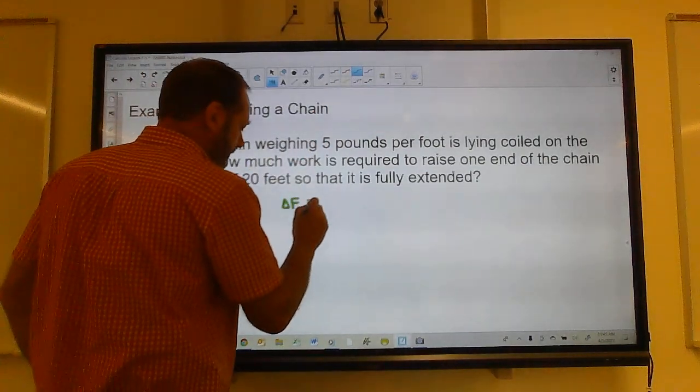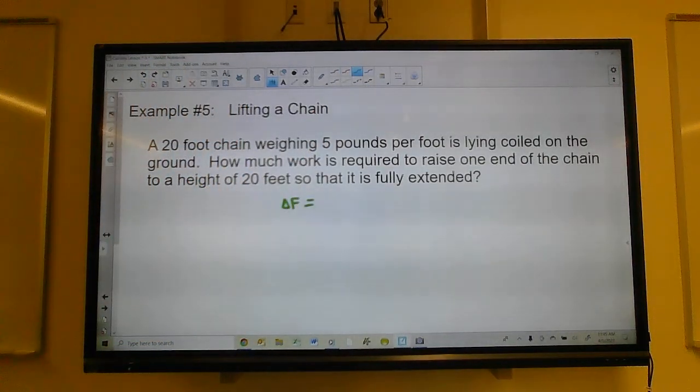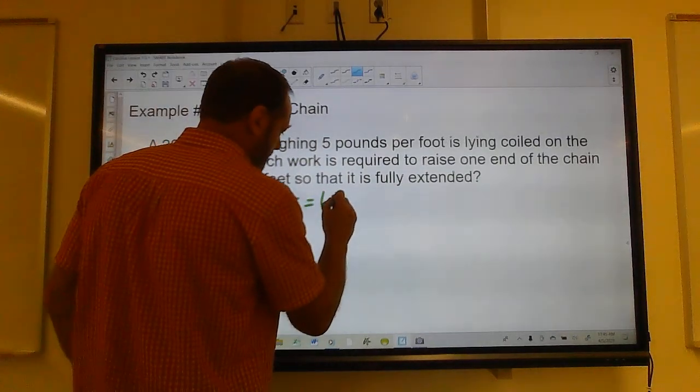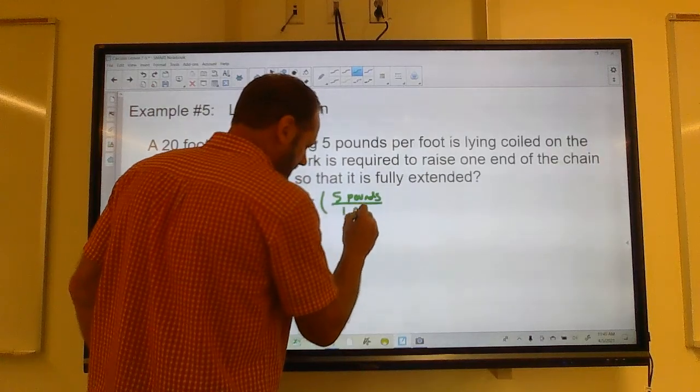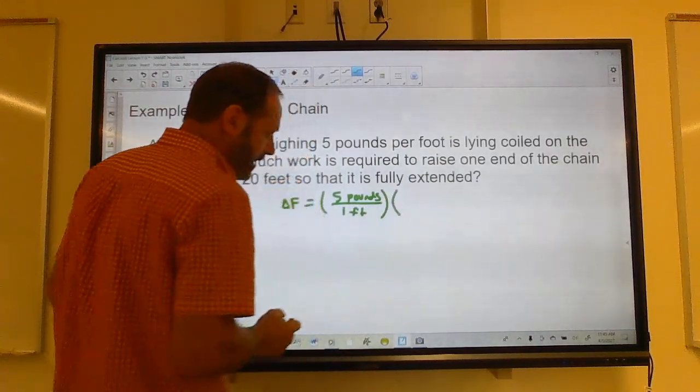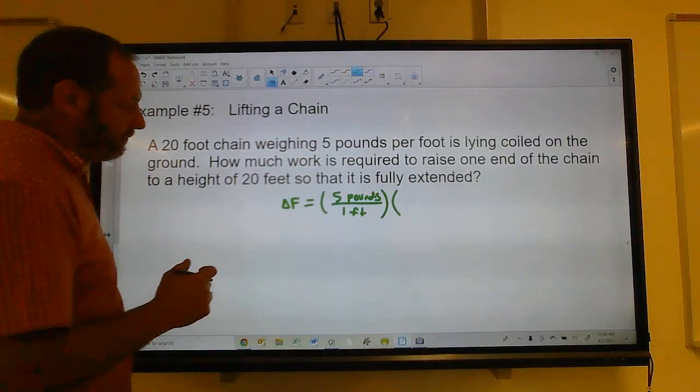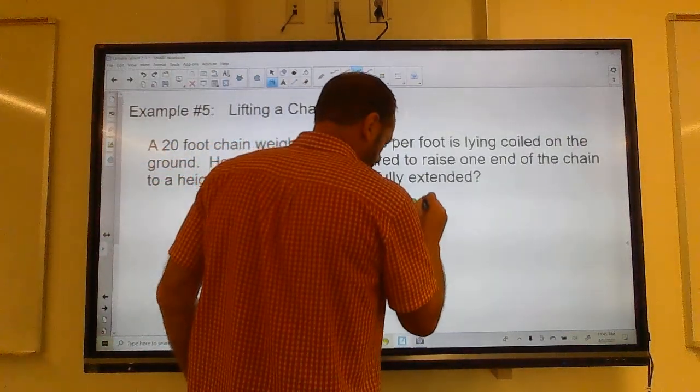Okay, so we're going to have to figure out delta F. It's 5 pounds per foot. And then we got to move that thing, whatever the length of it is, right?